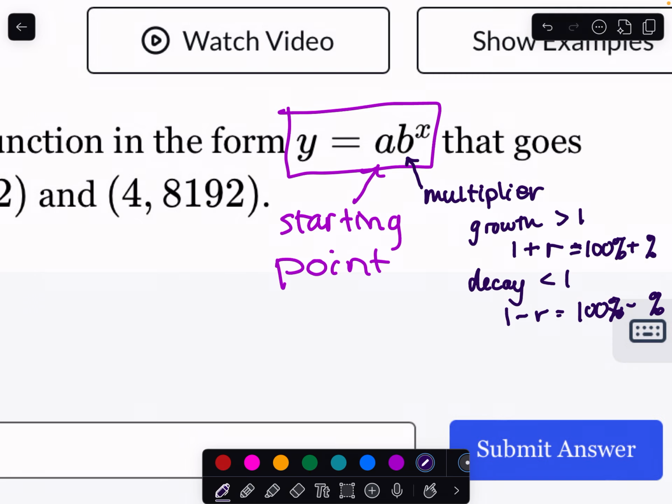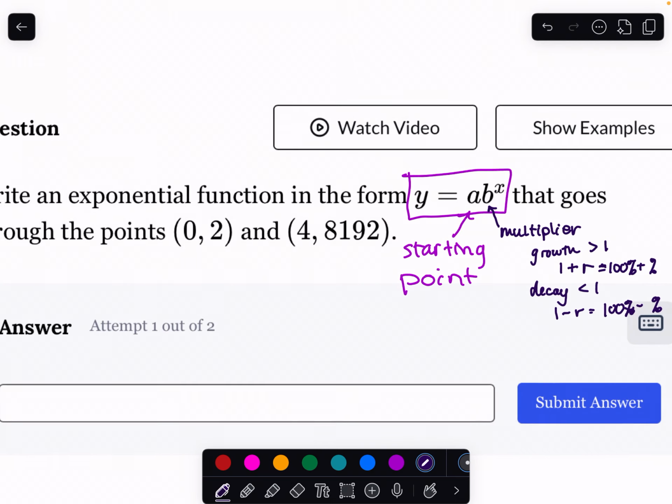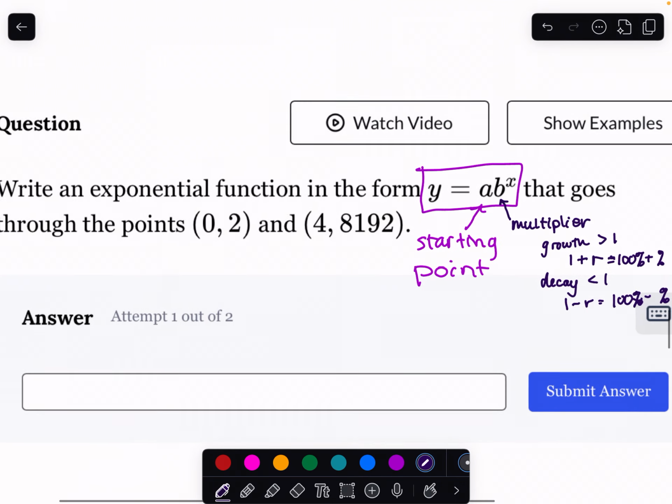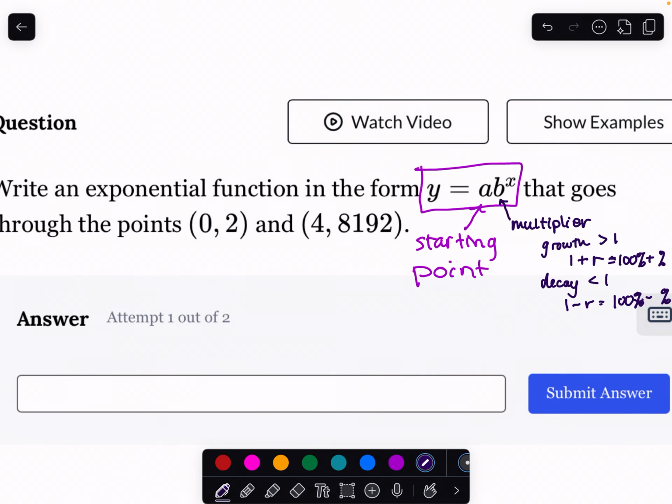Okay, but we really only need the starting point and what the multiplier would be. So first, the starting point is always, if there's a 0 comma something, that number right there. That looks like a dinosaur. Rawr. It is that number.